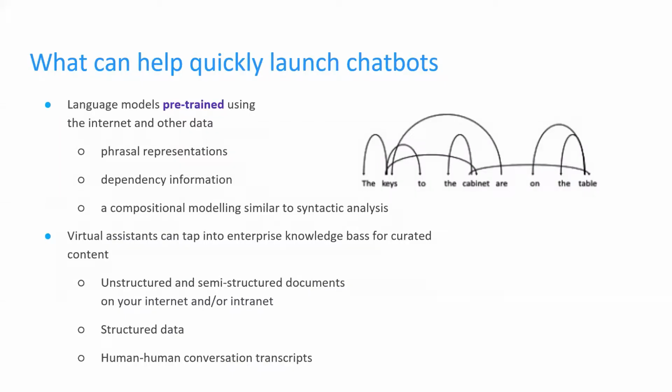There are two major reasons why we can build virtual assistants quickly. First, we have very powerful pre-trained language models based on large amounts of human language, such as the internet and books. The pre-trained deep learning language models have clear representations of phrases.